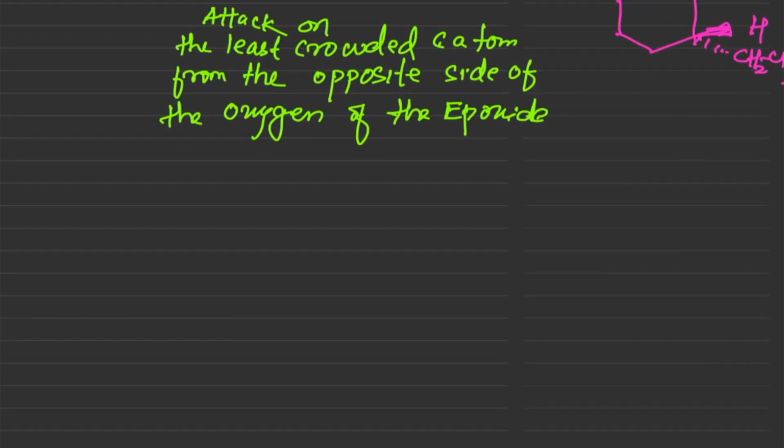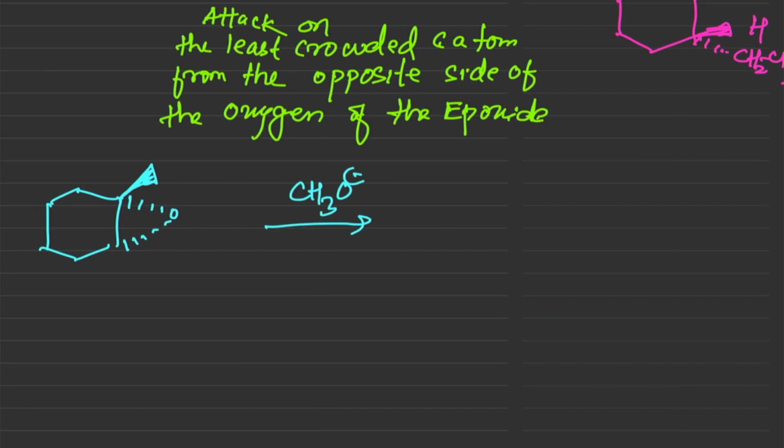I'll do one more problem and then we will end this. What if this is like this, and then you treat with CH3O minus. Now in this case, you can pause the video and draw the answers. This would come from the opposite side of the oxygen.